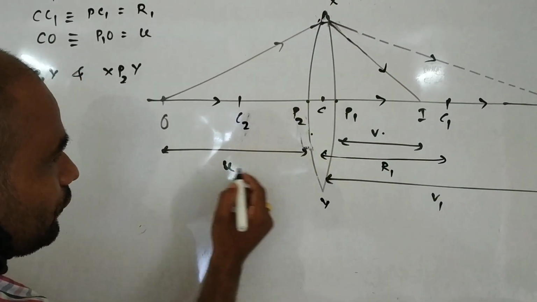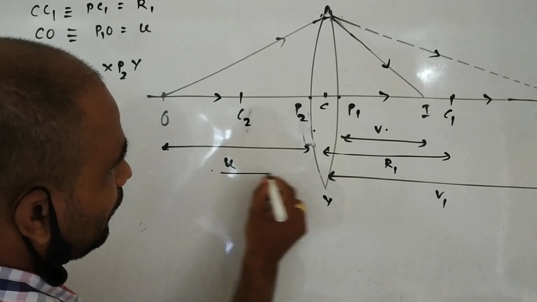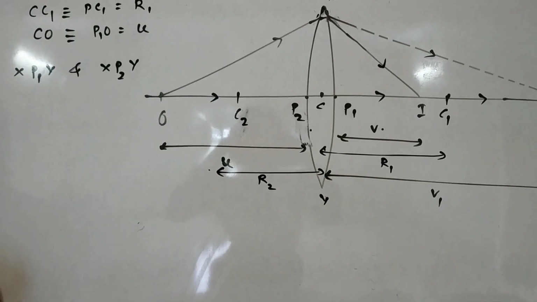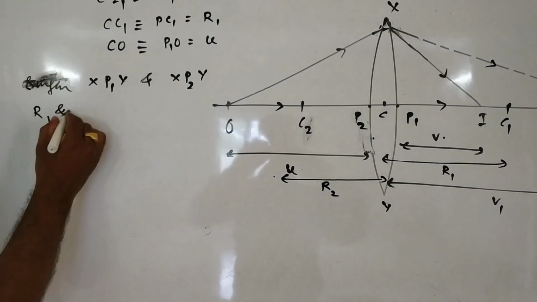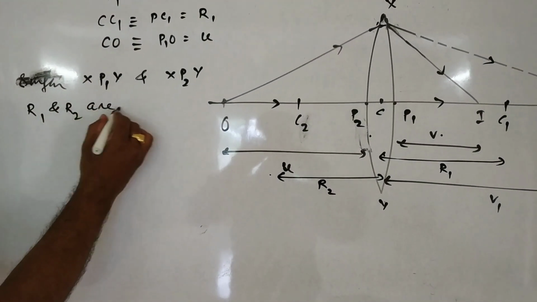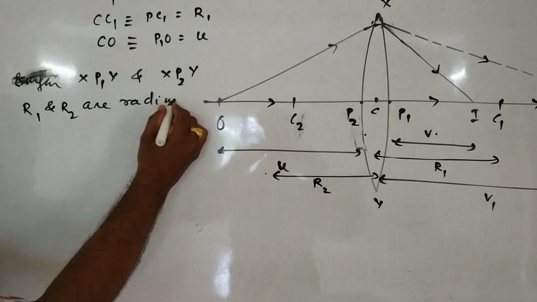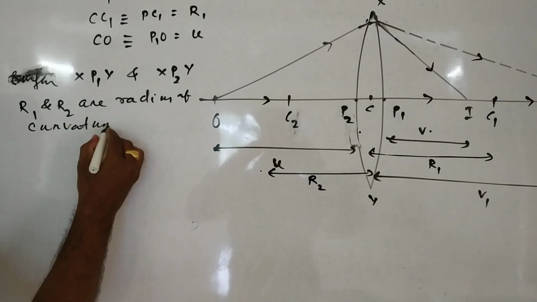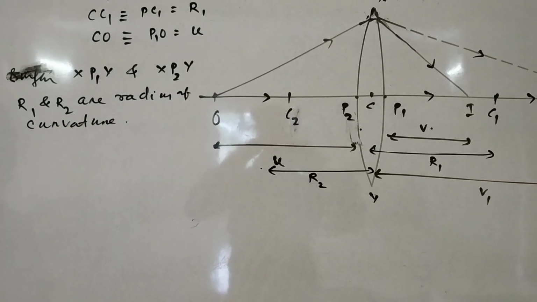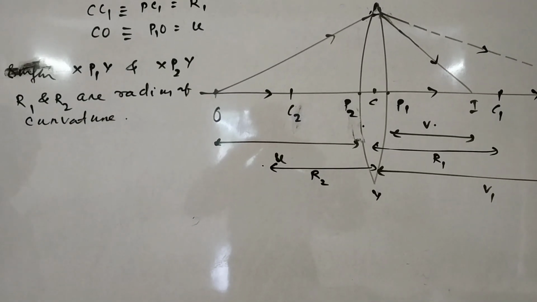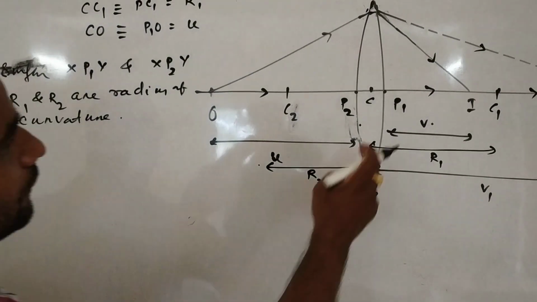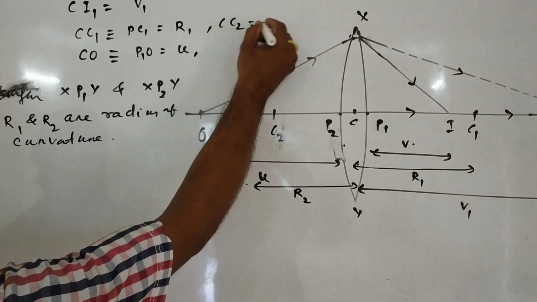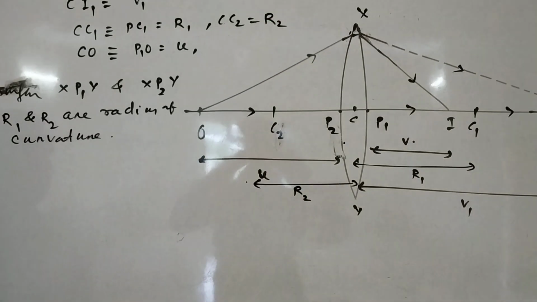The second surface, from this to this, is your R2, with center of curvature C2. So R1 and R2 are the radii of curvature.